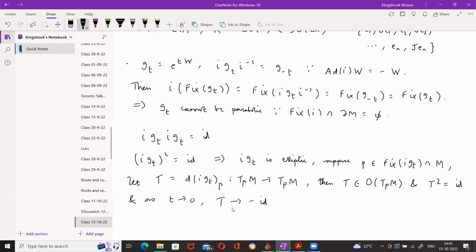So that means actually for little t small, capital T has to equal minus identity, right? All the eigenvalues have to equal -1. If it's close to minus identity and it's orthogonal, its square is identity, so all the eigenvalues are either +1s or -1s. There can't be any +1 eigenvalues, right? Yes. Is this clear?